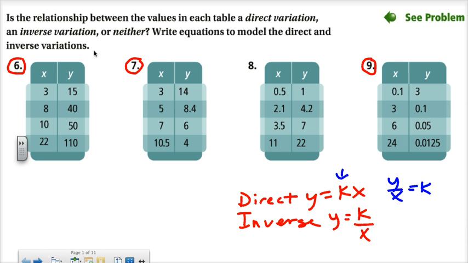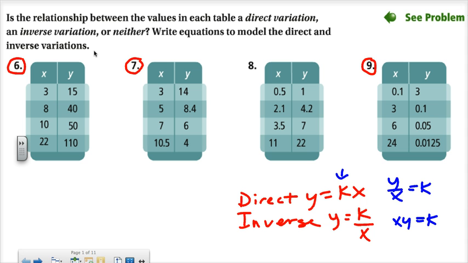That means if we go through these tables and we take the y values and divide them by the x's, and we're always getting the same number, then this is actually direct variation. And then for inverse variation, we would multiply both sides by x. In fact, for that, if we took x times y, we would get a constant of variation.